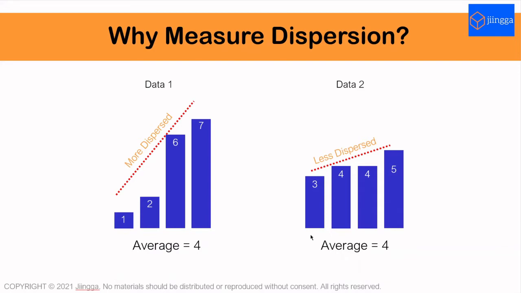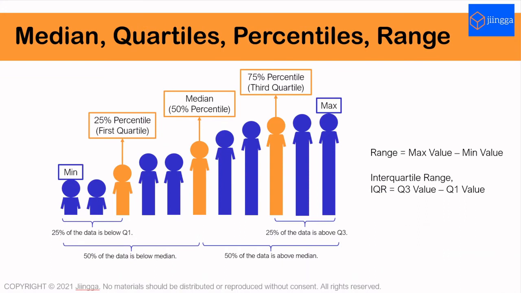However, the distribution is different. Data 1 is more dispersed, while data 2 is more consistent. So how are we going to describe these differences? Using average is obviously not enough. We can include other measures such as standard deviation, variance, and so on. Here, let us see what are median, quartiles, percentiles, range, and interquartile range.